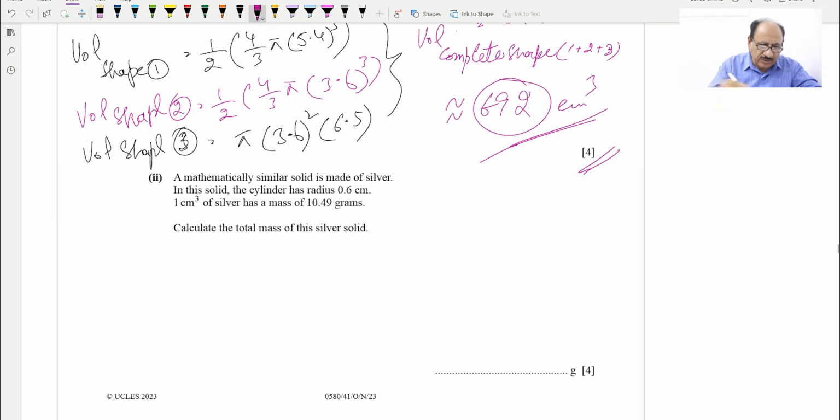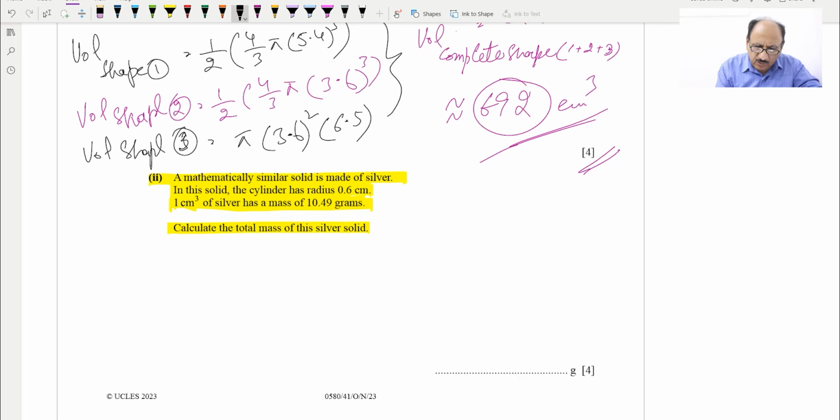Now next, the second part says a mathematically similar solid is made of silver. In this solid, the cylinder has a radius of 0.6, and 1 centimeter cube of silver has a mass of 10.49, and calculate the total mass of the silver. So we know the length ratio is what?